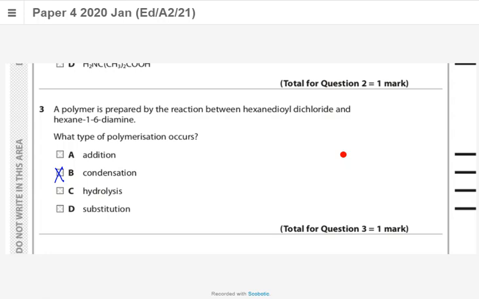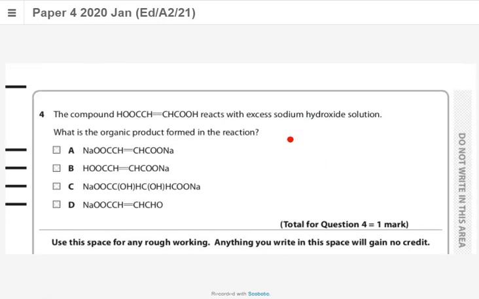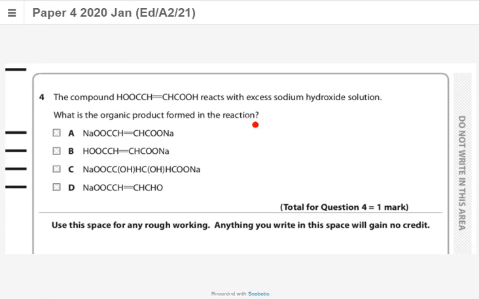In fact, this is the nylon 6,6 polymer. That's the name of the polymer, nylon 6,6. After each question, I'm pausing for about 5 seconds so that if you have any questions, you can forward them.